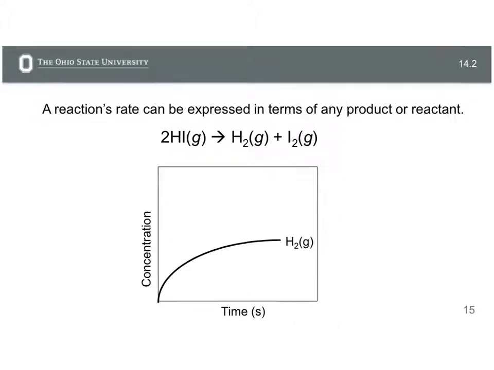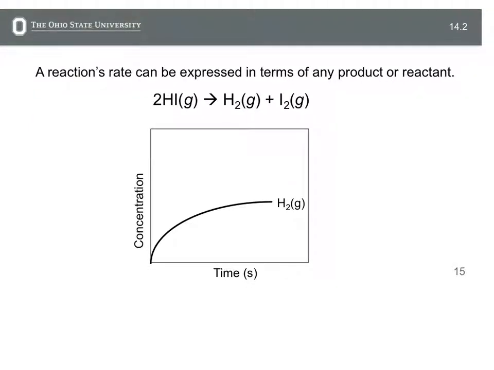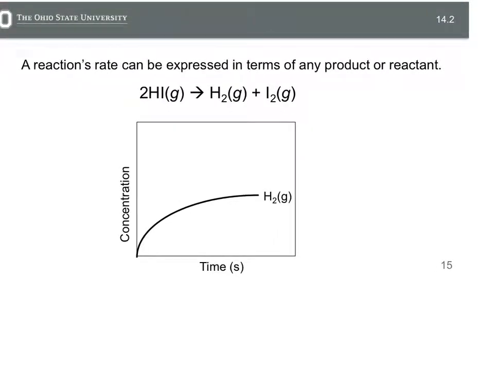Okay, so here's another example. We've got 2HI forming H2 and I2. So what is the rate of formation of H2? I'll start you out here.